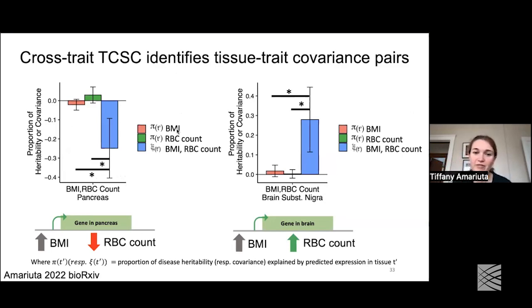So the last real trait example that I wanted to demonstrate is the cross-trait TCSC result. Here we've partitioned the products of z-scores for TWAS, for BMI and red blood cell count, across co-regulation scores across tissues.